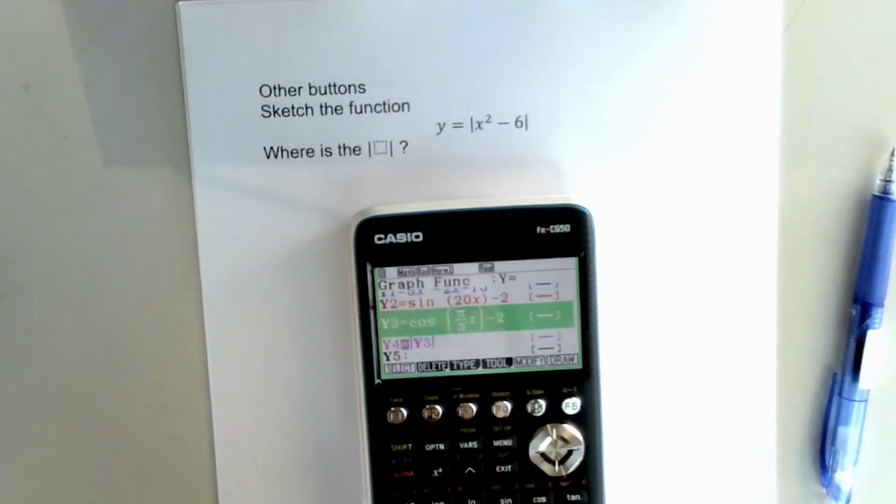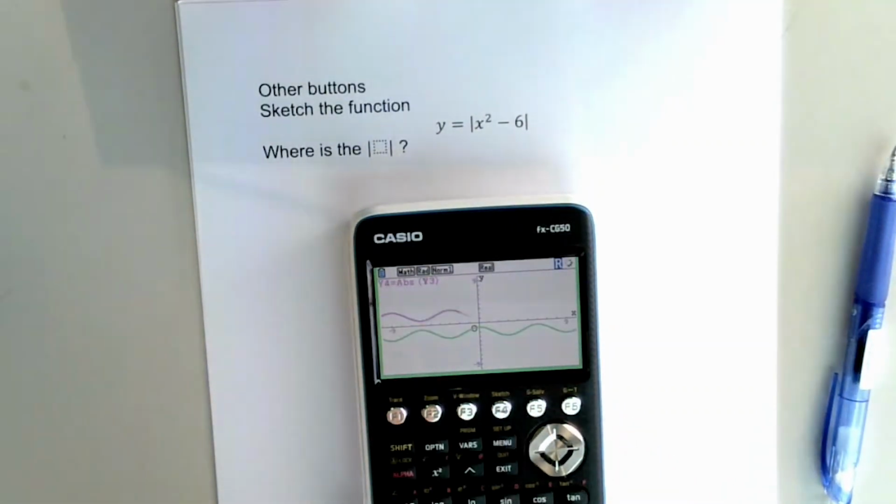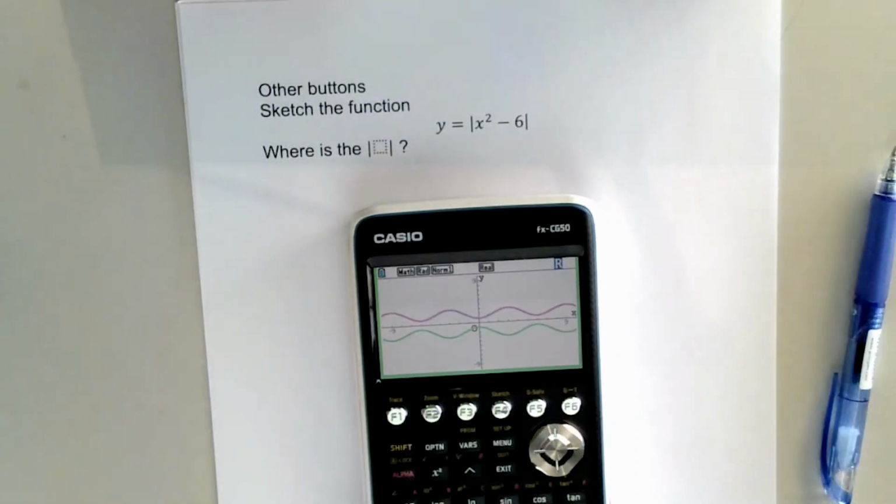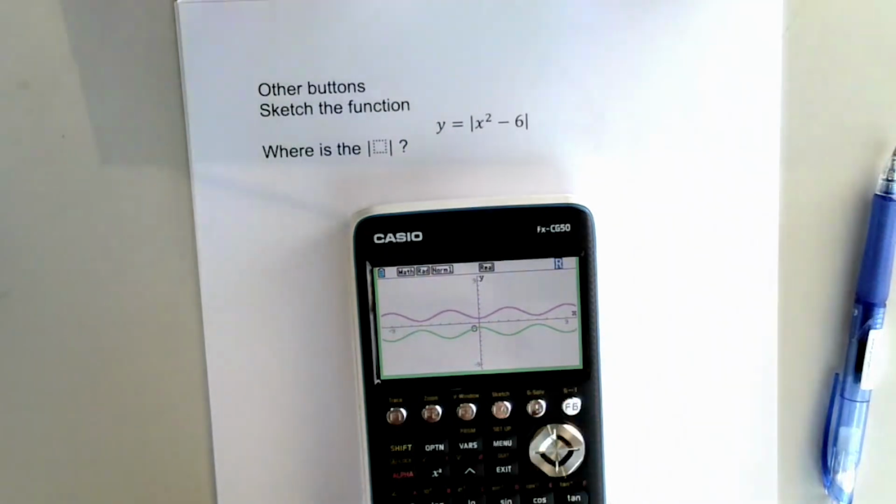So your original one is the green one. If you just absolute the whole function, you do not have to type it again, just use the value above that. Done that?